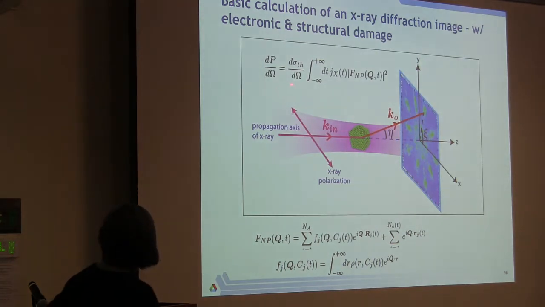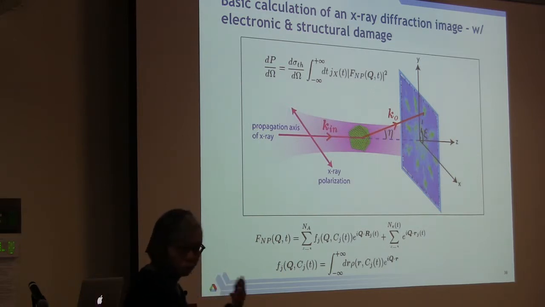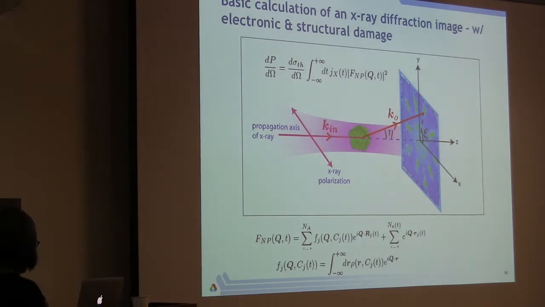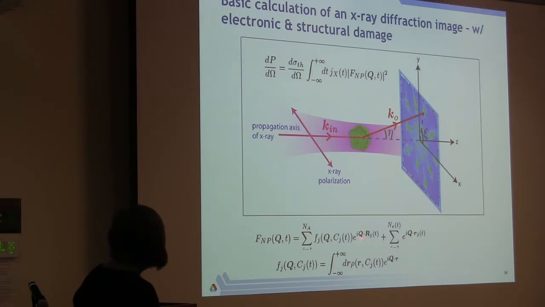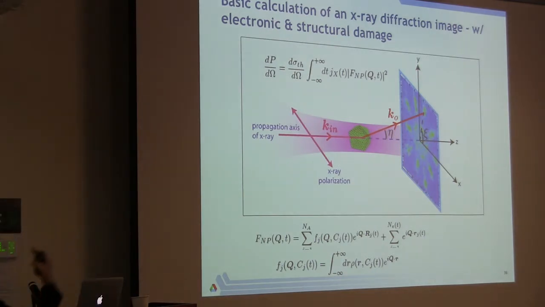And so it's basically the Thomson cross section times the X-ray fluence and the form factor for the square of the nanoparticle. And of course, the nanoparticle is made up of all these different atoms that have all these different electron configurations. And so all these things get put together and made into a diffraction image.